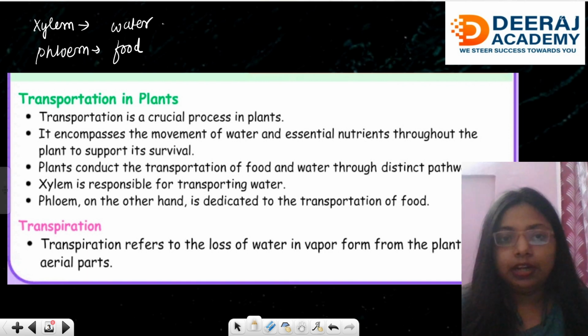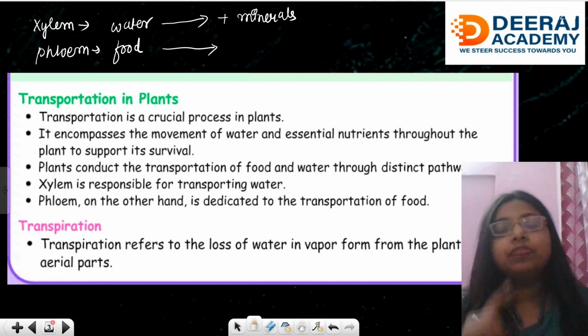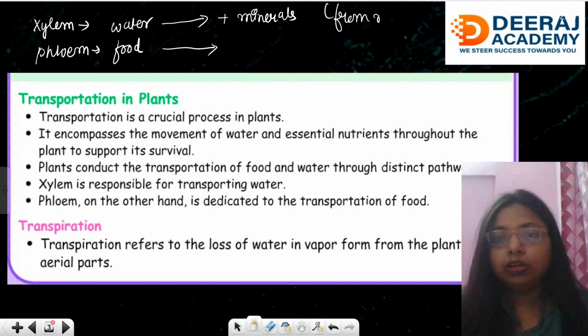With water, the transportation of minerals also takes place from the roots, and it will go to the leaves ultimately.